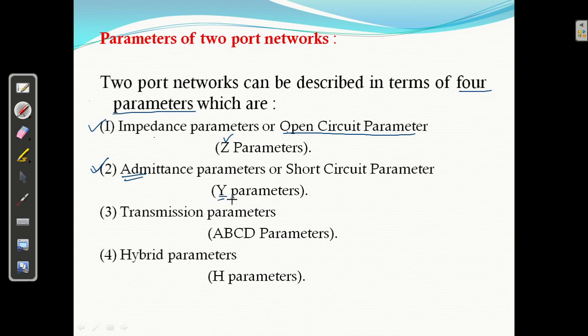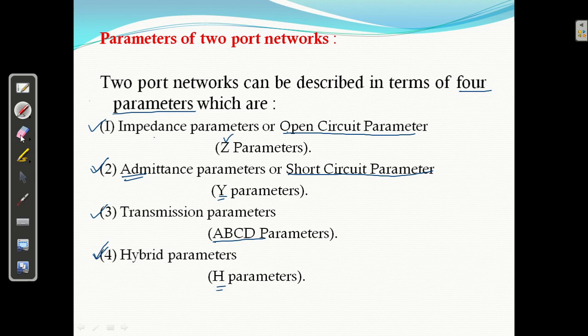Admittance is represented by Y. Third is known as transmission parameter, ABCD parameter. And last one is known as hybrid parameter, or H parameter. So we will discuss all these four types of parameter: Z, Y, transmission, and hybrid parameter.